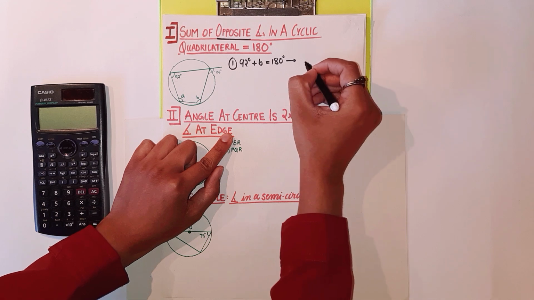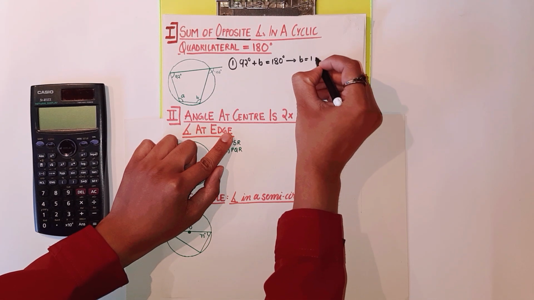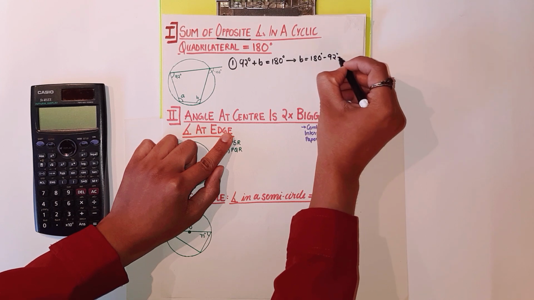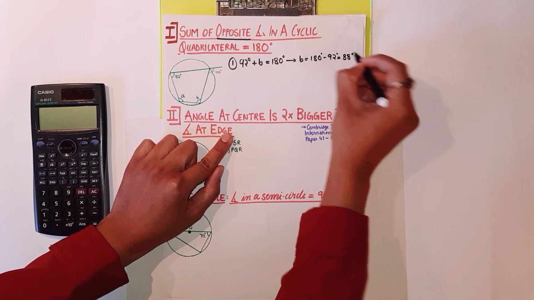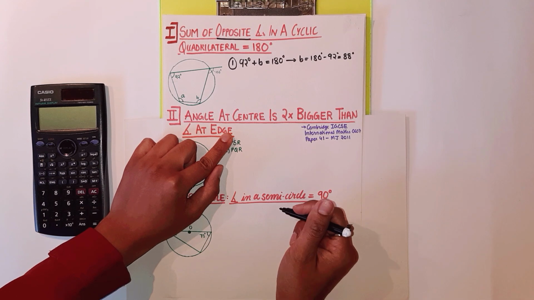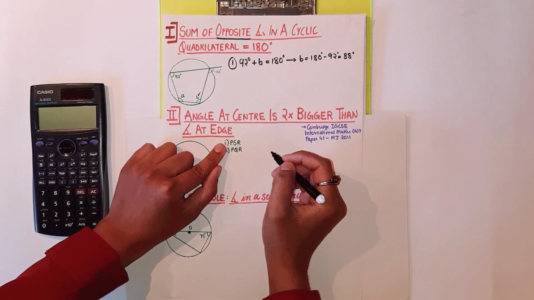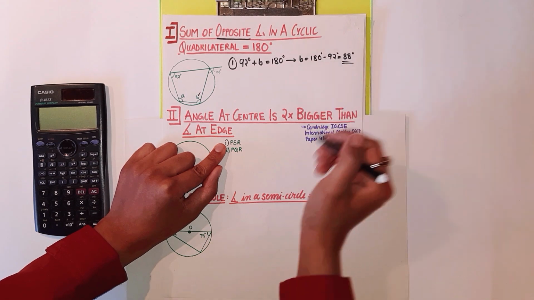From that, we know that B is equal to 180 degrees minus 92 degrees, which would be 88 degrees, right? So then we have found B, which is 88 degrees.